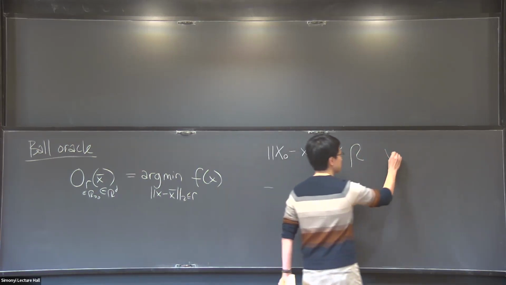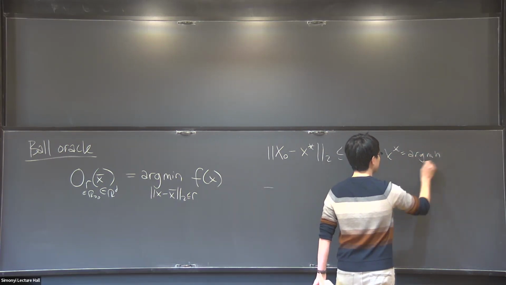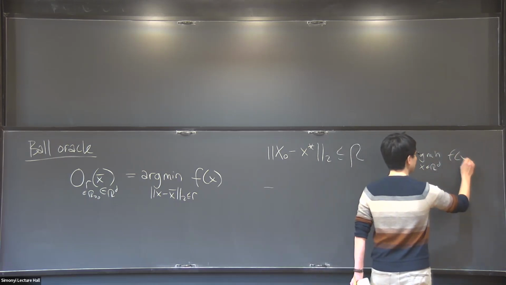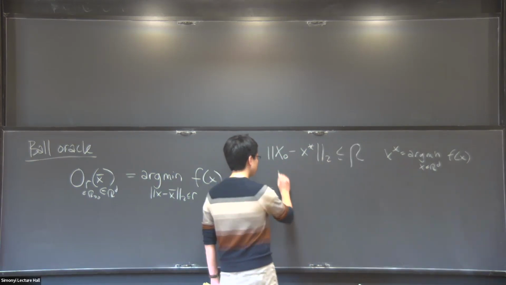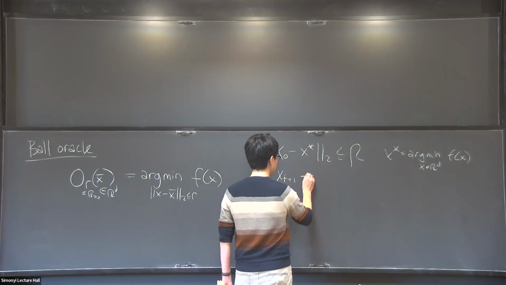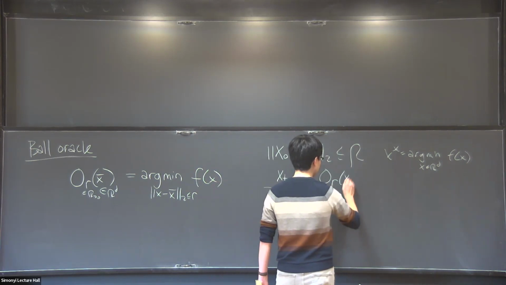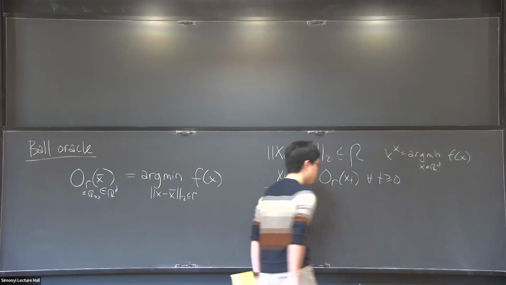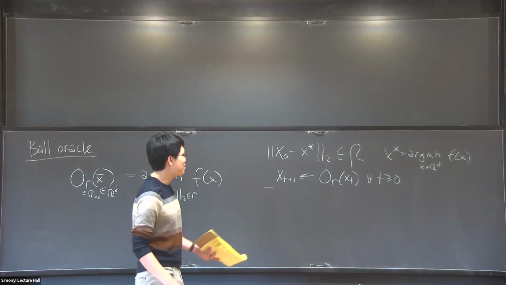So here x star is the argmin, the global optimizer. And consider the algorithm which simply defines x_{t+1} to be the output of the ball oracle around the previous point for all t bigger than 0. Okay, so let's try to understand this oracle a little bit.